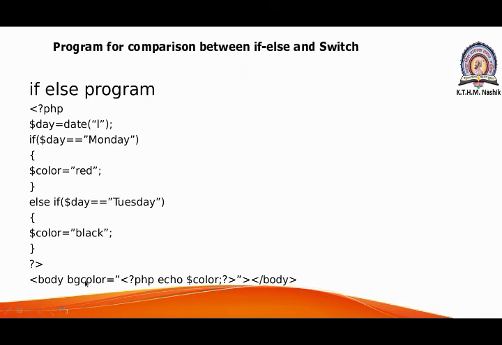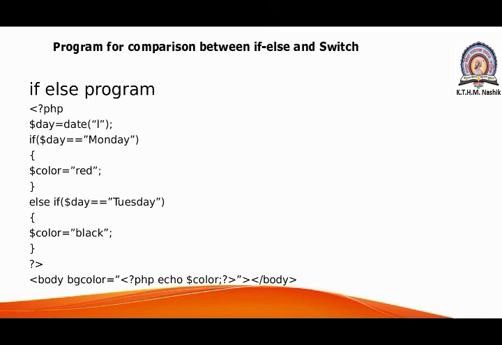Then in the same file we use HTML code, that is in the body tag, bgcolor equal to. Again we start another PHP program with the PHP tag, within double quotes, PHP echo $color, and again end the PHP program, and here the end of the HTML body tag.